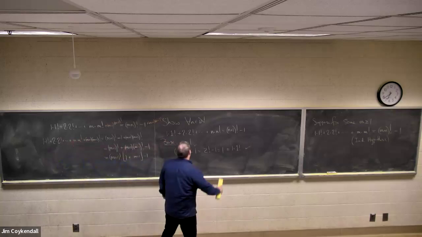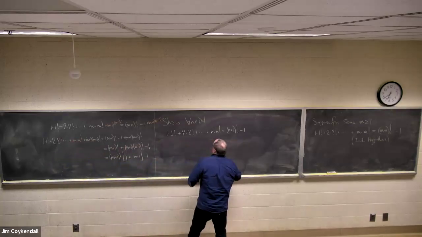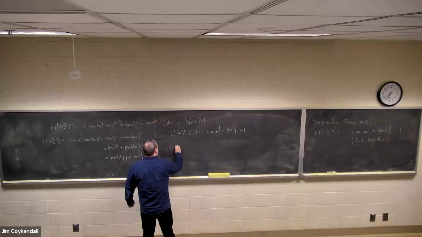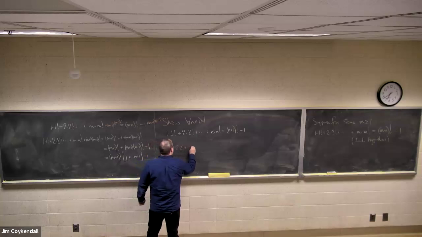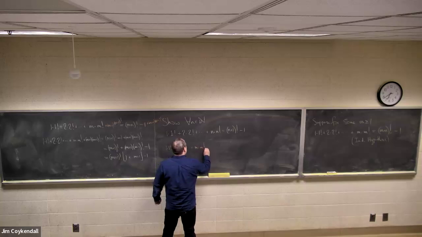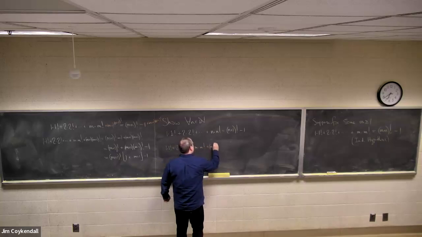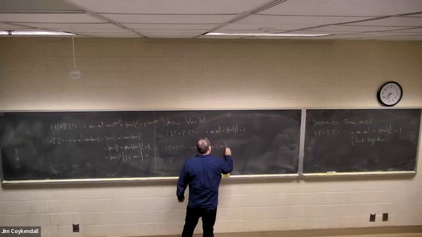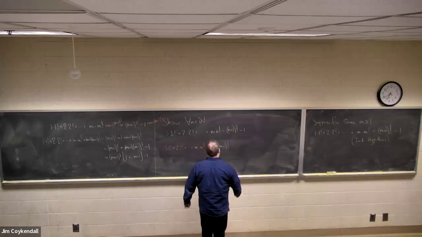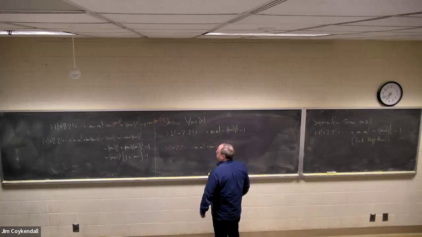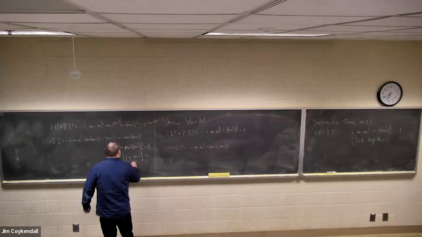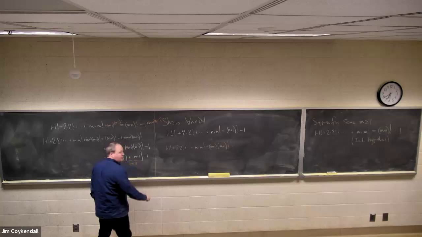And so, go up there. What do I get? I get 1 times 1 factorial, 2 times 2 factorial, plus this thing here, which is actually m plus 2, isn't it?